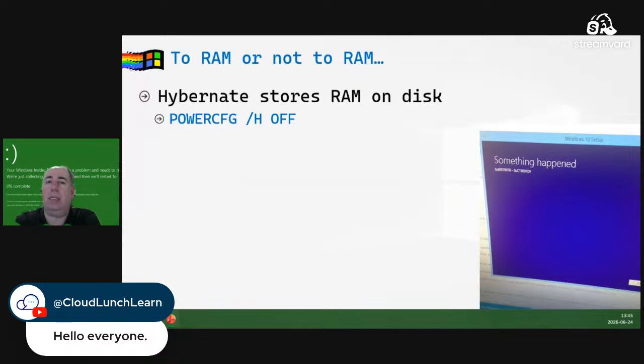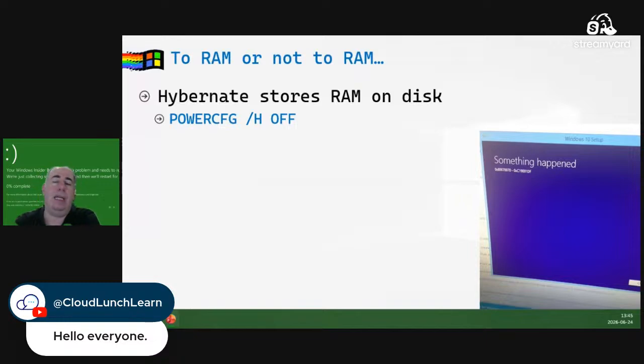So when you start the computer again, they will load from disk all of that RAM that was saved, and they will put that back into the RAM memory so that you can continue exactly where you left off, like a suspend, but without spending battery. The bad side of this is that to start it and to stop it takes a few seconds to actually read and write from the disk.